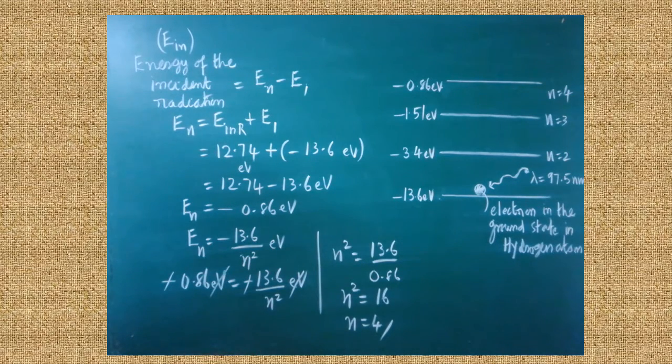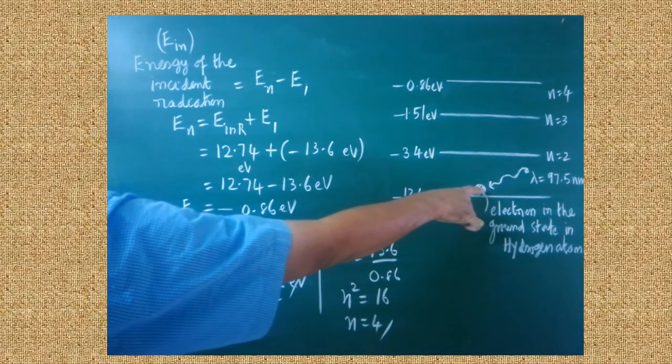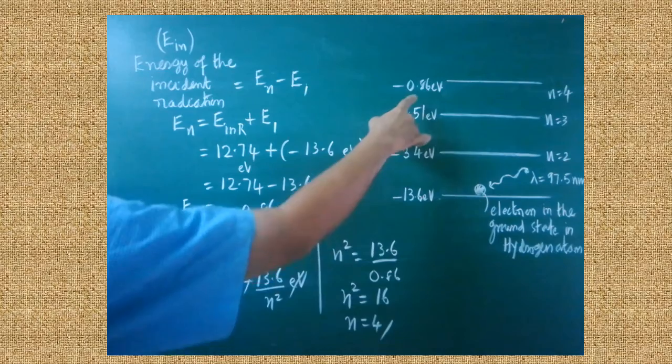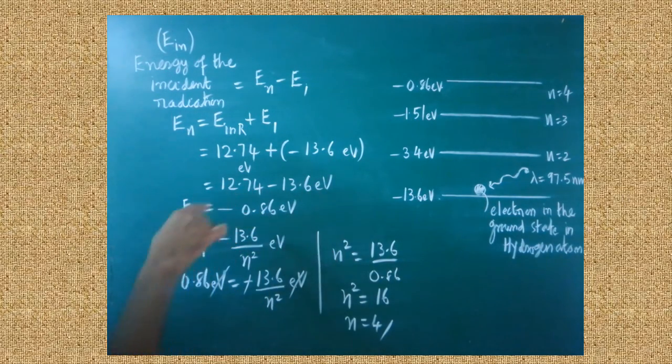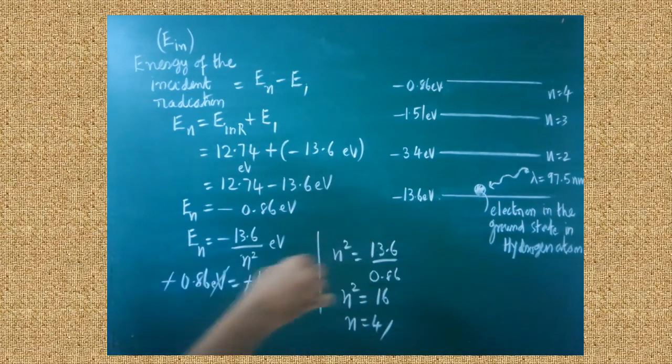It shows that if you give this much amount of energy, 12.74 electron volt, that is the energy of the incident photon, the difference between these two levels is 12.74. So after absorption, that one will go up to which level?